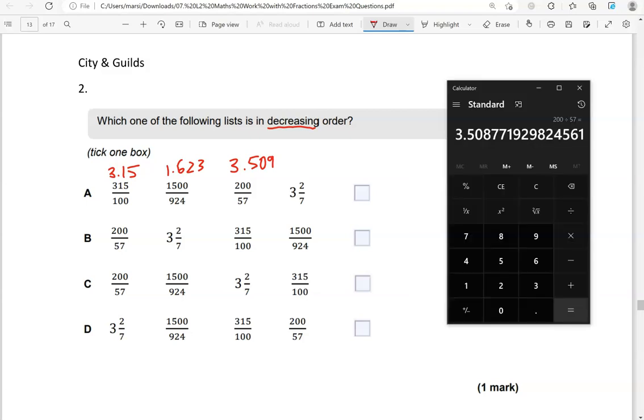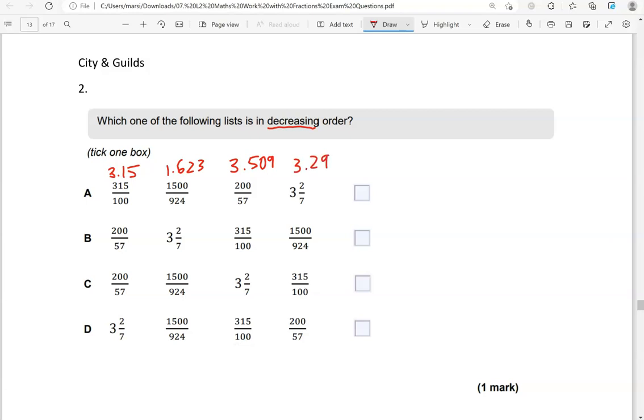I'll just round it quickly. And 3 2/7, so 2 7s plus the 3 gives us 3.29.